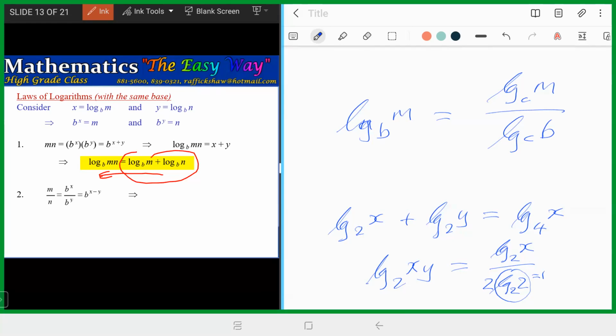The power to which you have to raise 2 in order to get 2 is 1. We also have a law where we say the log of a number with its own base is equal to 1. But this is an example of how you have to change the base.